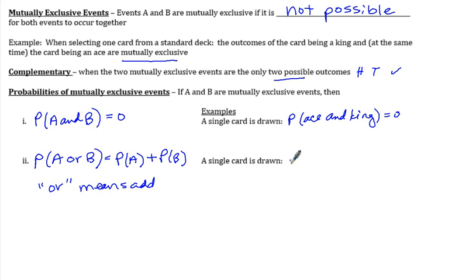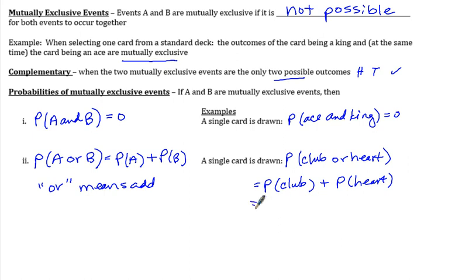Okay? So for instance, pulling a club or a heart. You can't pull both, right? You can't pull a card that has both club and heart on there. They're mutually exclusive. But the probability of pulling a club or a heart, that's the probability of the club plus the probability of the heart. Well, let's think about that.